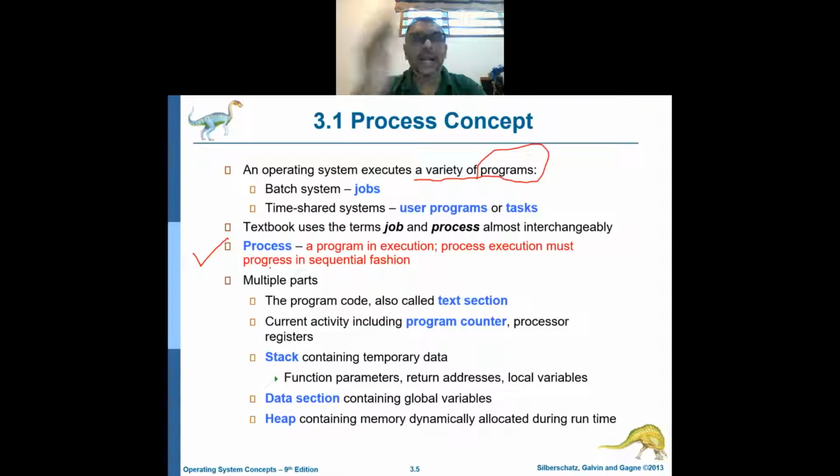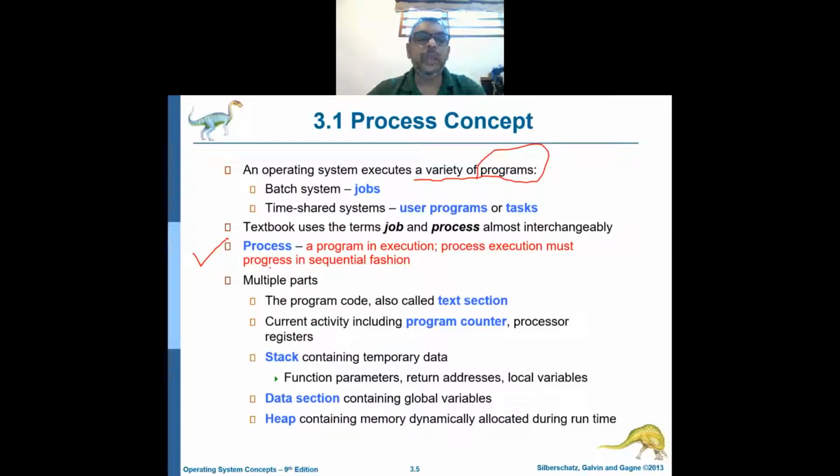What goes on behind it is the operating system's job to handle each of these. So the execution behind it progresses in a sequential form, one after another. It cannot jump from progress one to progress three. It has to go through several steps in a sequential fashion.